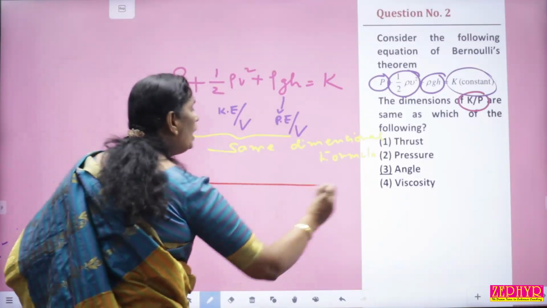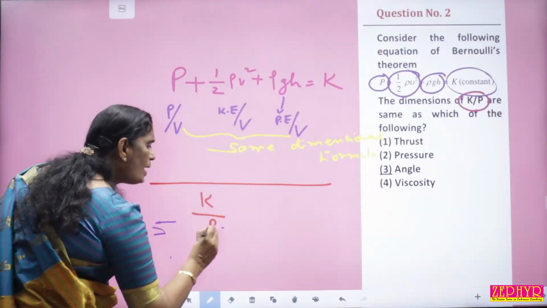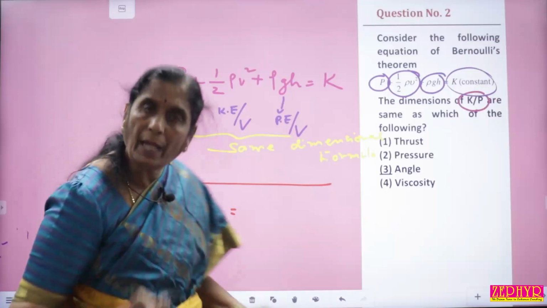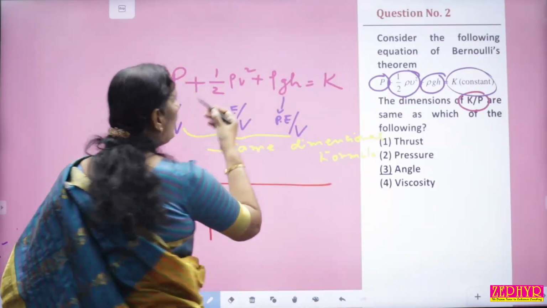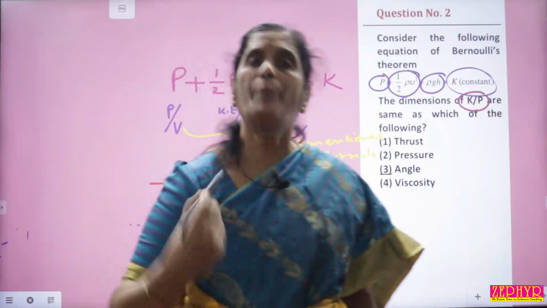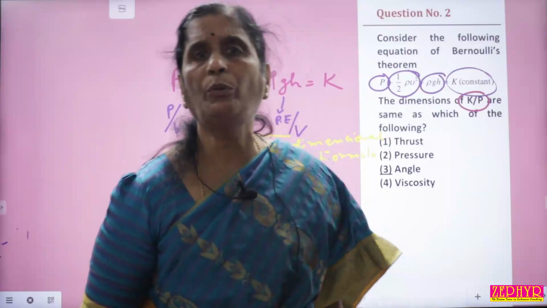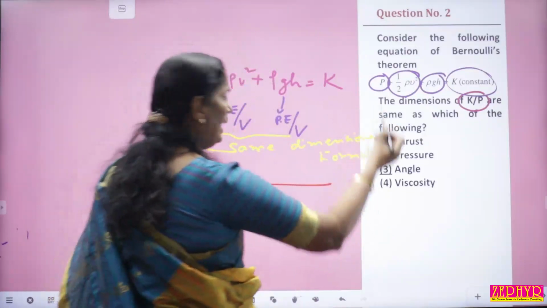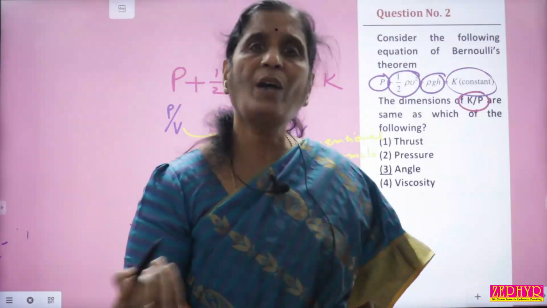What is required? They want to know K by P. What is K? Energy per unit volume, because energy per unit volume plus energy per unit volume plus energy per unit volume will always give energy per unit volume also. So the nature of K is nothing but the nature of any one of the terms, because all are one and the same.